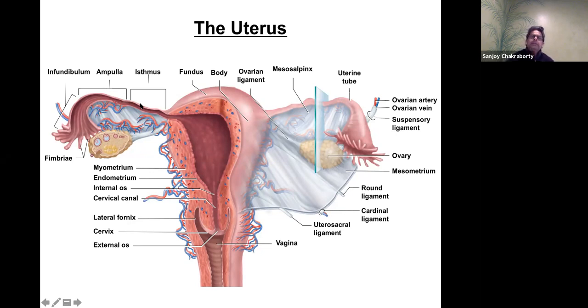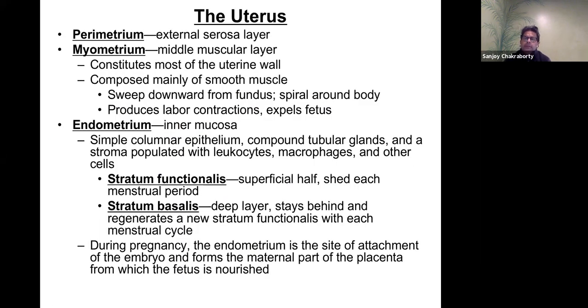So that's basically the overall structure of the main reproductive part. And apart from that, there are the external genitalia and the mammary gland that you've got to study. Coming back to the uterus one more time, the perimetrium, the external layer, is the external serosa layer.